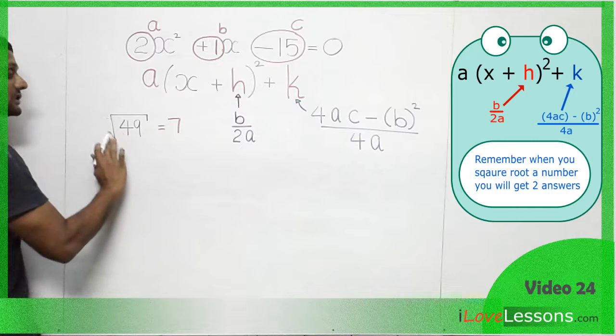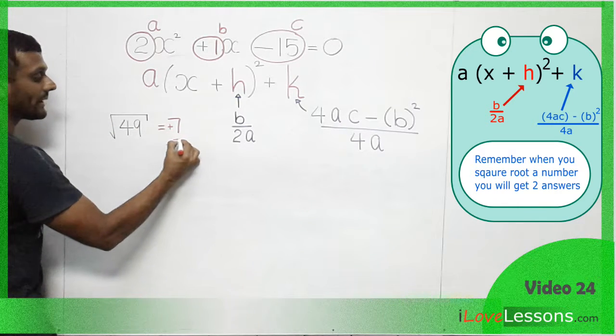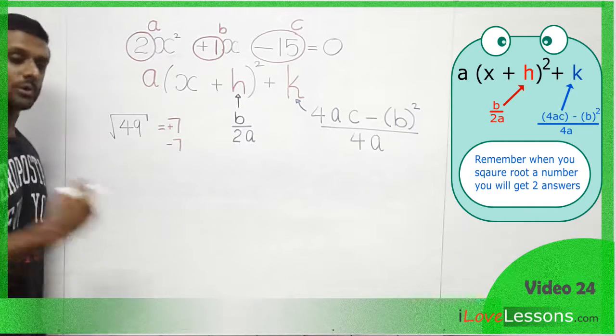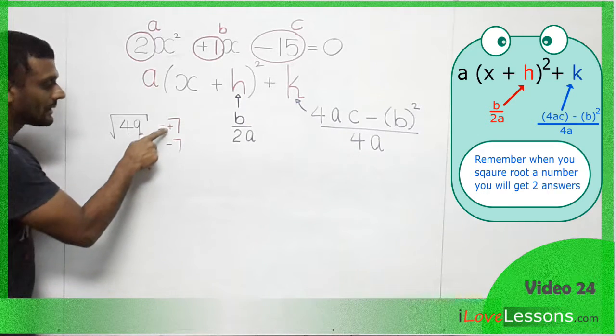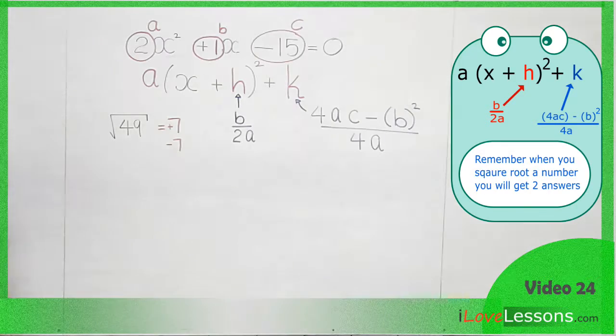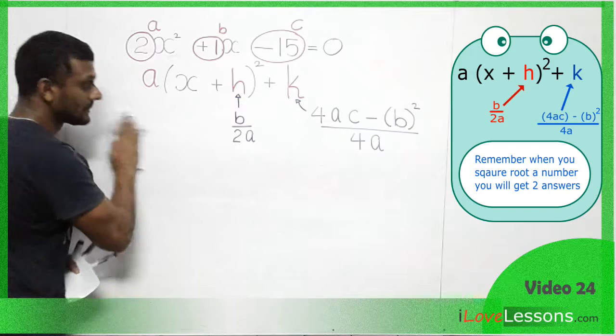The answer for the square root of 49 is positive 7, and at the same point in time will be negative 7. So anytime you square root something from now on, don't put one answer. There will be a positive answer and there will be a negative answer. So we're going to bounce this up a little later in my explanation.